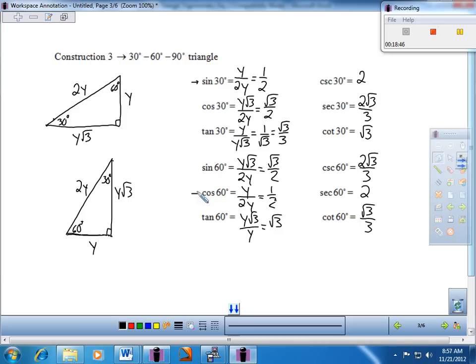How about secant of 30 degrees? What should that be the same as? Secant of 30 should be the same as cosecant of 60. Cofunctions of complementary angles are the same. So again, it just works nicely on those 30, 60, 90s there.